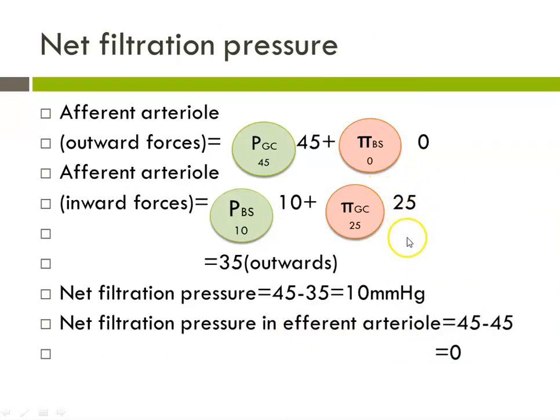So if you change this to 35, then 35 plus 10 is 45. So 45 minus 45 is equal to 0. So the net filtration pressure in the efferent arteriole is 0. This indicates that filtration does not take place beyond the efferent arteriole. Filtration only takes place from the efferent arteriole towards the glomerulus and towards the Bowman's capsule.